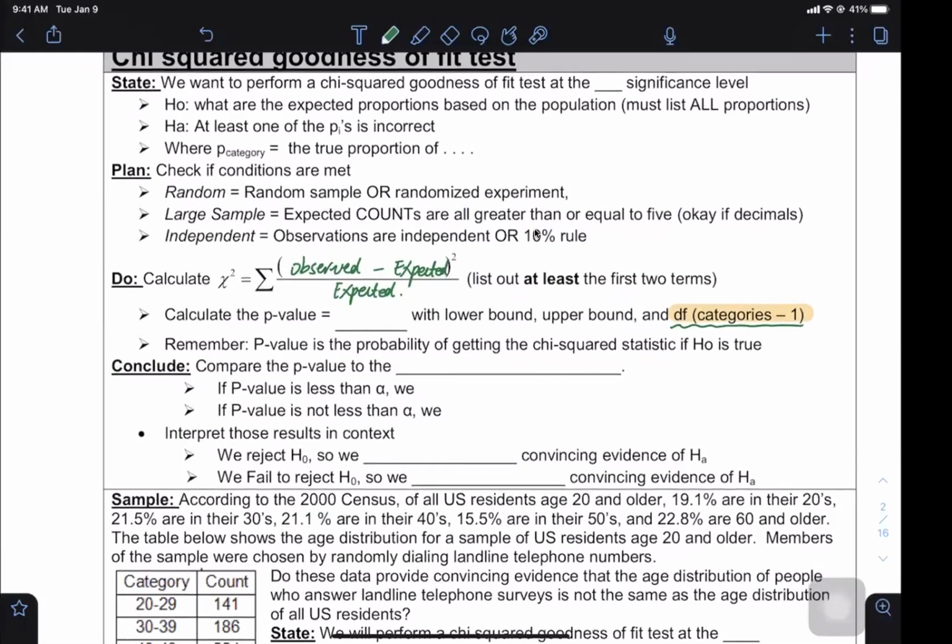And then compare the p-value to the significance level alpha. If your p-value is less than alpha, that means we can reject our H0. And if the p-value is not less than alpha, we fail to reject our H0.